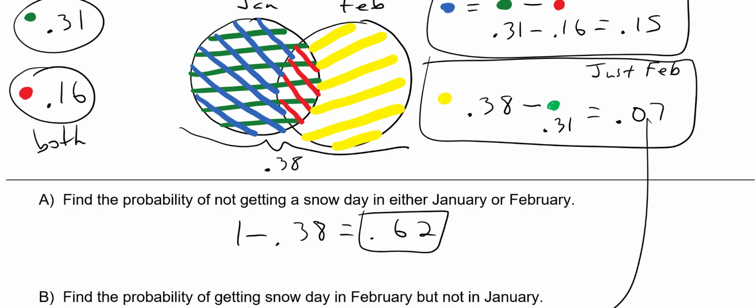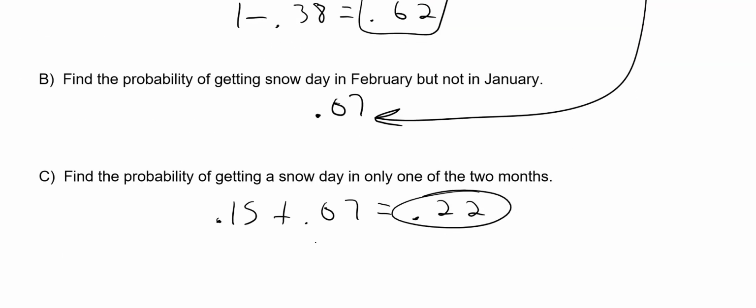So 0.38 minus 0.16, which is, of course, 0.22. Okay? Not bad. So those are Venn diagrams, which really is pretty easy. Just got to fill in everything and find out what each piece is, then you're good to go.